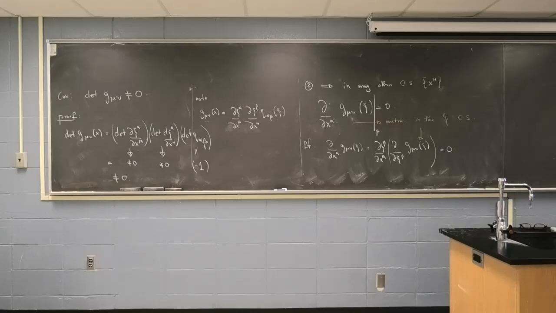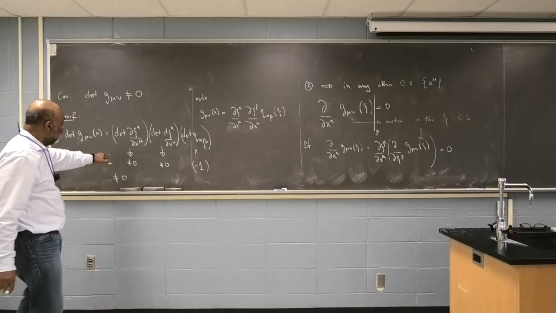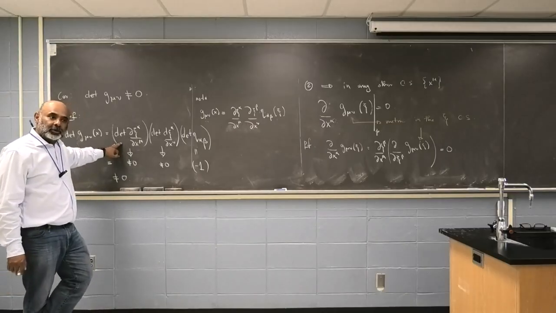Psi is an inertial coordinate system. X is just any other coordinate system. For us, the fact that in this particular case psi is an inertial coordinate system is not important. If you have psi to be any coordinate system, and then x to be any other coordinate system, I claim that this determinant is not 0. My question to you is why?